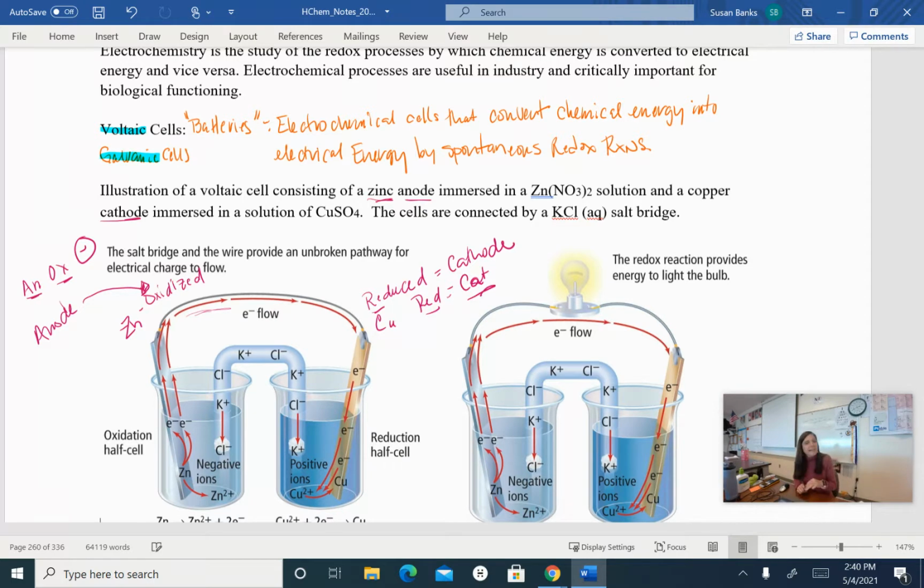So a red cat is the cathode, and that is where the electrons are going to. This is the positive end of the cell. So if you had a battery, this would be the positive end of that battery. Okay? So let's take a close look at what's going on inside this cell.